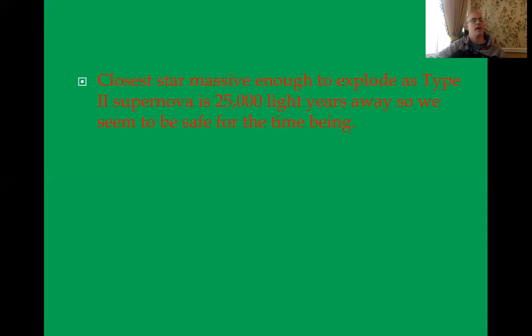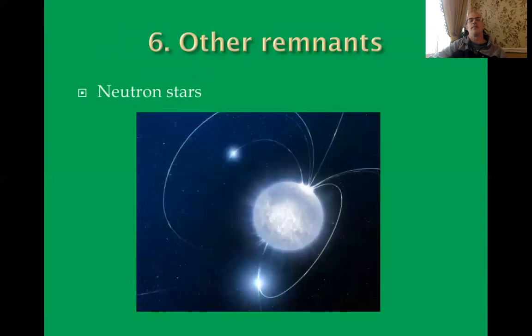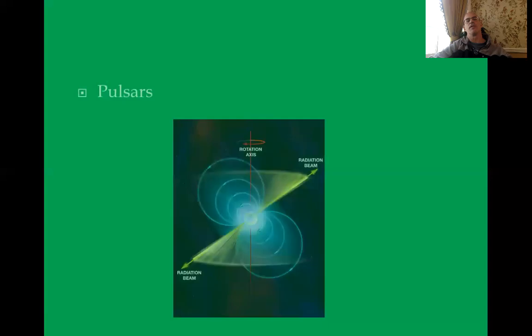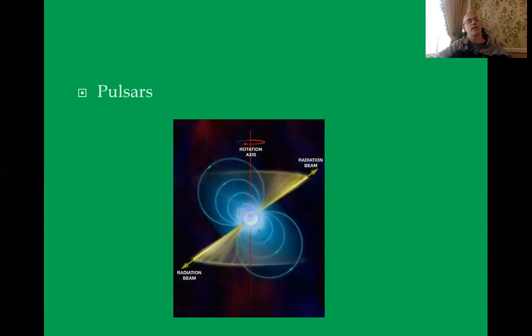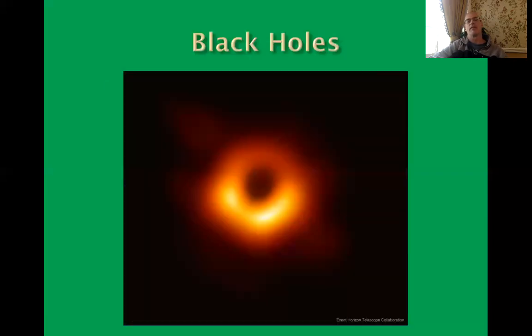Okay. Other remnants: neutron stars, pulsars, which we'll be talking about in future episodes of this show. And of course, we have black holes.